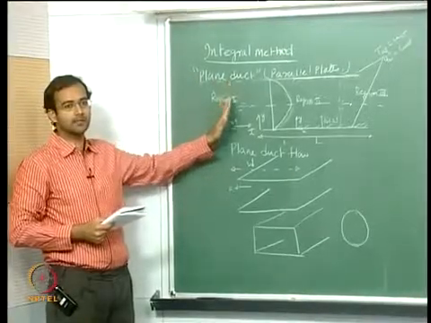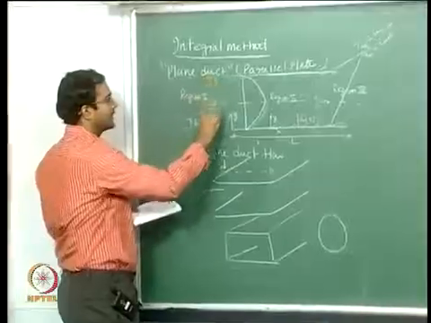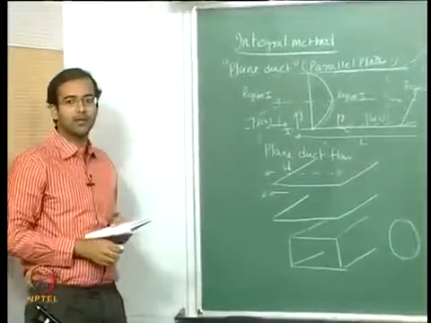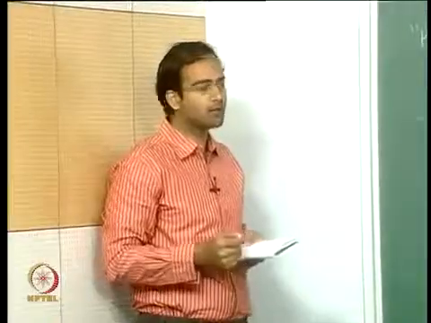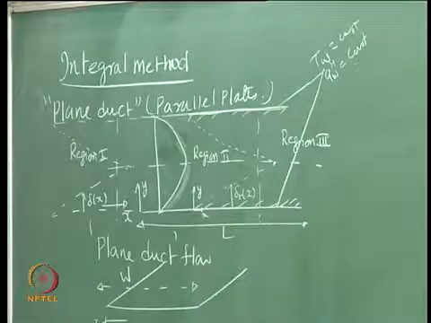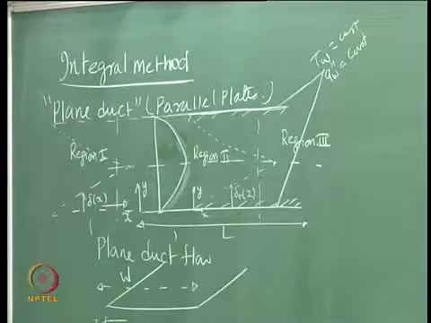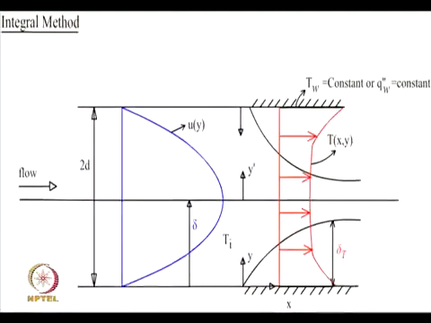But once it is about to merge, and once it has merged, again the momentum integral equation loses meaning. Okay, so therefore when it comes to using the integral method for internal flows, you have to be very careful in which region you are applying it.